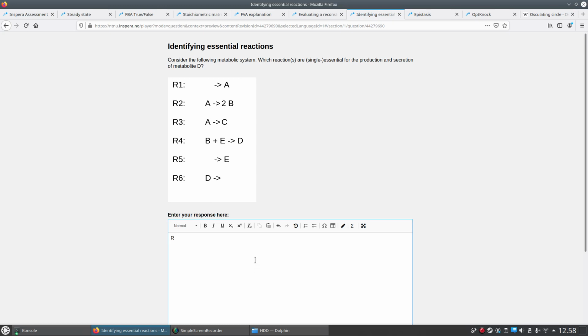So we have R4 is essential as it is the only reaction to produce D. R6 is essential to secrete D and allow production without violating steady state.